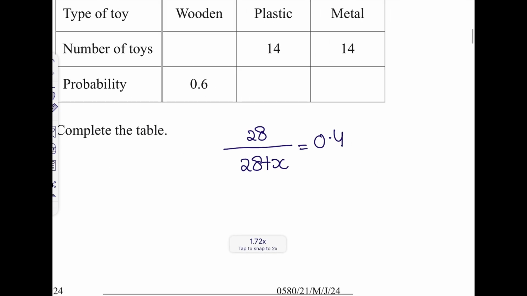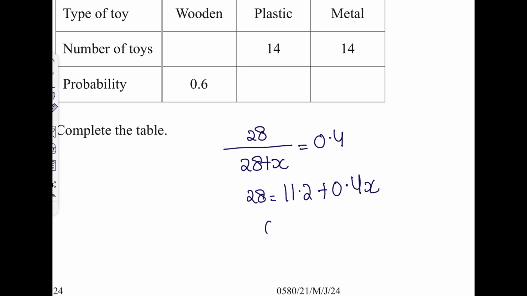Then you're going to solve for x. So 28 is equal to 28 times 0.4, that's 11.2, plus 0.4x. So 0.4x would be 28 minus 11.2, which is 16.8, and the x value is 16.8 divided by 0.4.